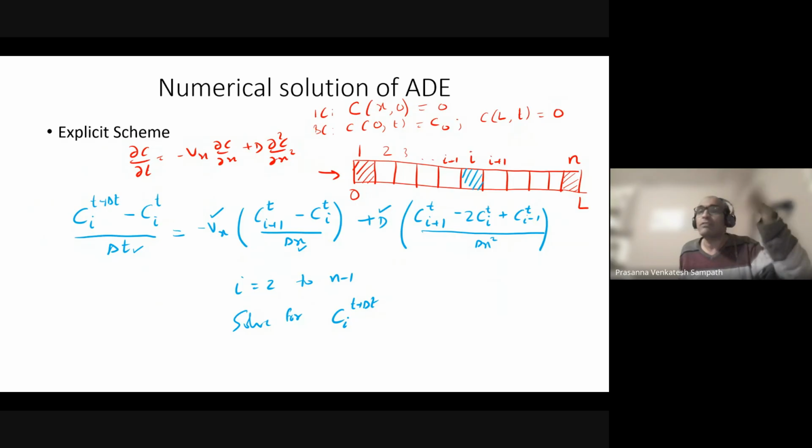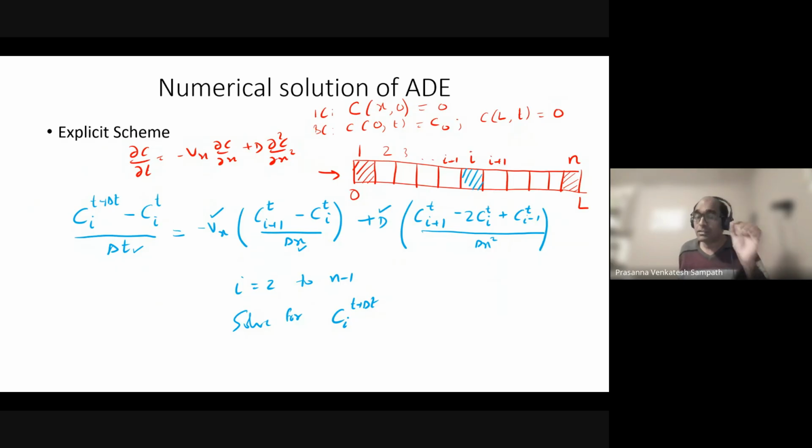You cannot use any value of delta t. If you do, the solution may blow up, may not be reasonable at all, may give you incorrect answers, or might give you what are called numerical oscillations. So the disadvantage of the explicit scheme is that it is not unconditionally stable.